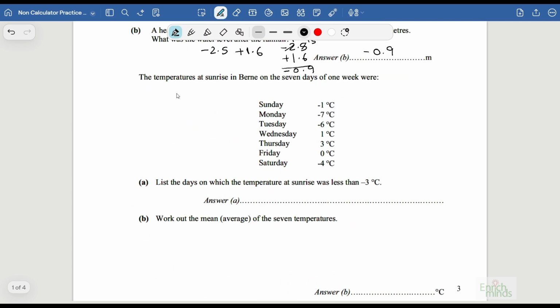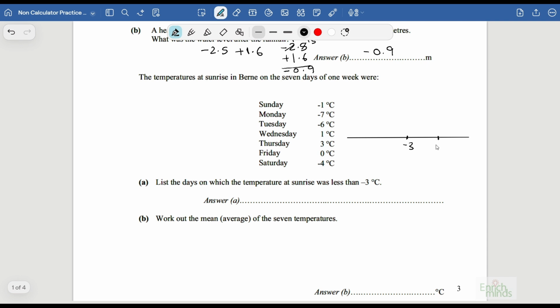The temperatures at sunrise and sunset on 7 days of 1 week were recorded as follows. List the days on which the temperature at sunrise was less than -3. Now, which of these temperatures is below -3 degrees? If I use a number line to show these temperatures, suppose -3 is somewhere here.